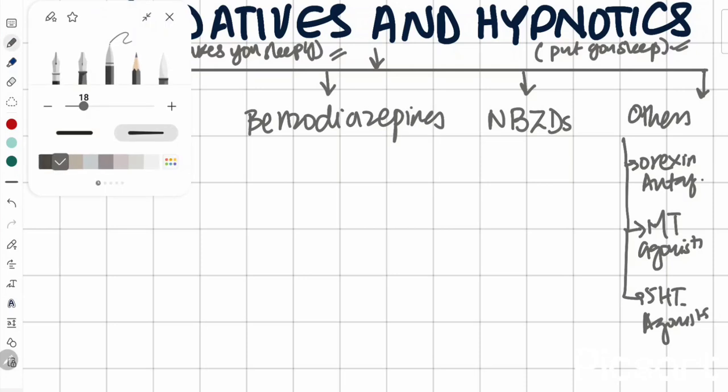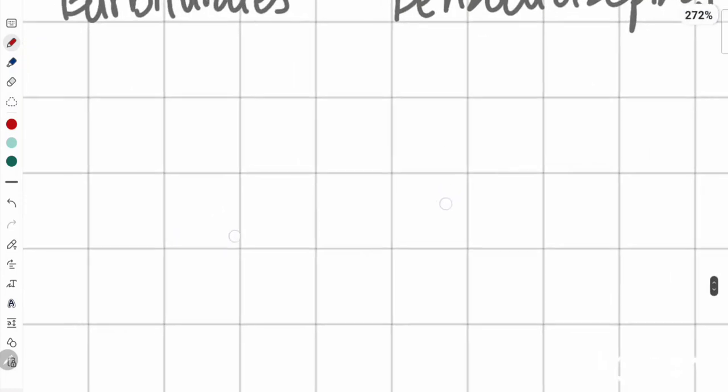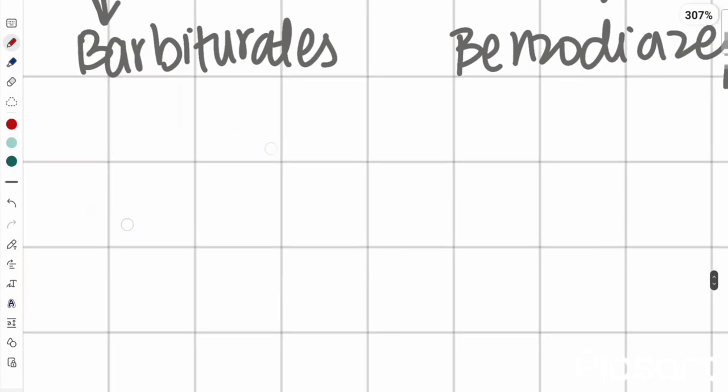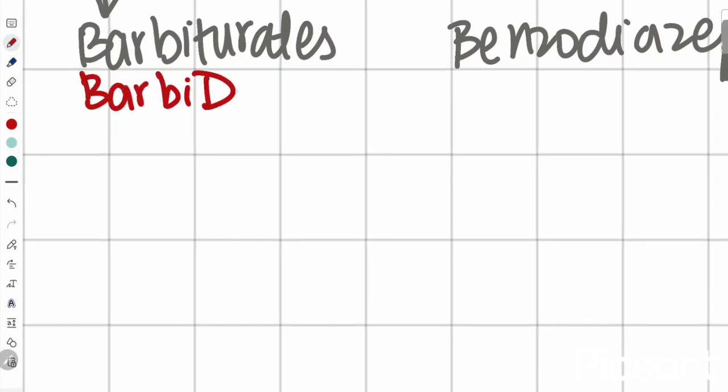Now we are going to get into the details of barbiturates first. For both barbiturates and benzodiazepines, there is one mnemonic that you need to know: you have to get in the habit of saying barbiturates as 'barbiDURATes'.